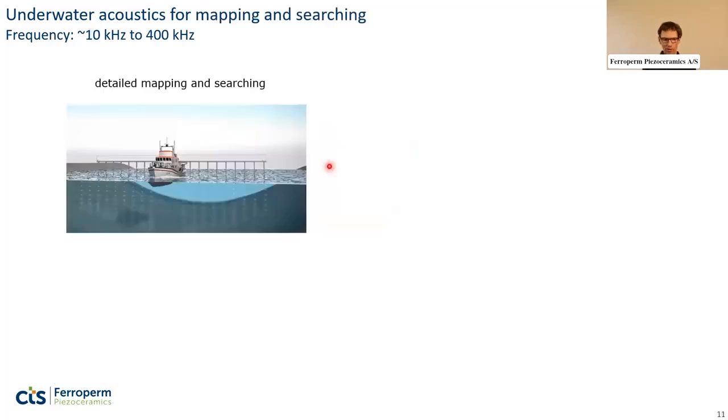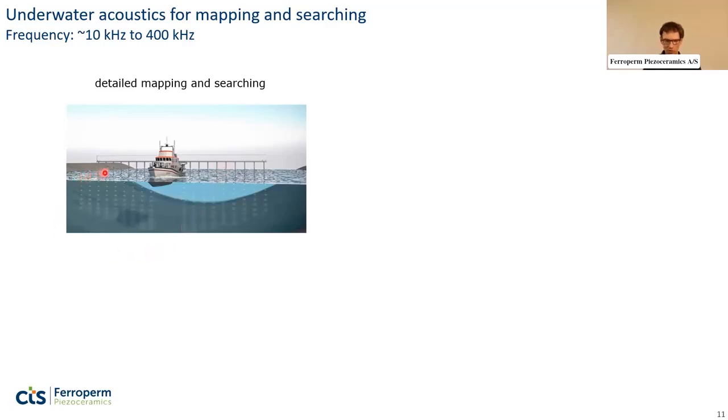Next example of underwater acoustics is for mapping and searching. So first, a case where the objective is to map a canal with a rather simple cross section, but you actually want to map out the depth and make sure that there are no objects in the way.